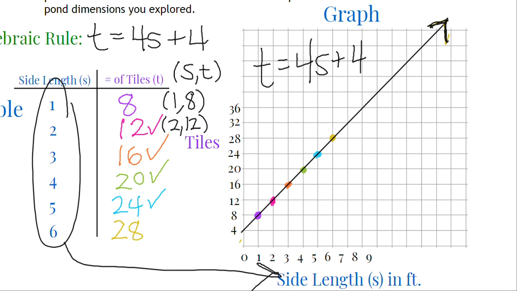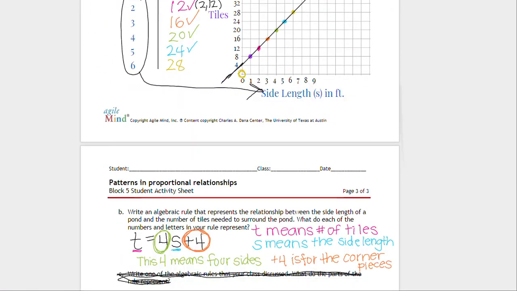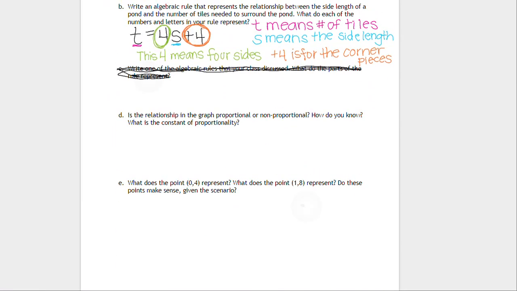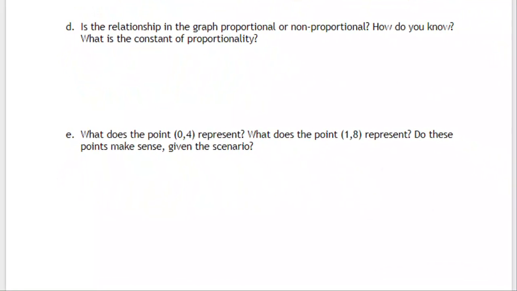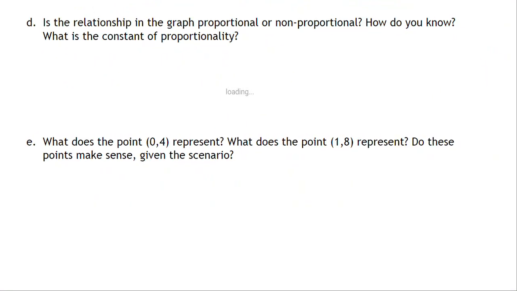So origin is down here. And it looks like if we were to extend this line, it's not missing by much, but it's definitely not going through the origin. So this graph would not be proportional. So is the relationship in the graph proportional or non-proportional?